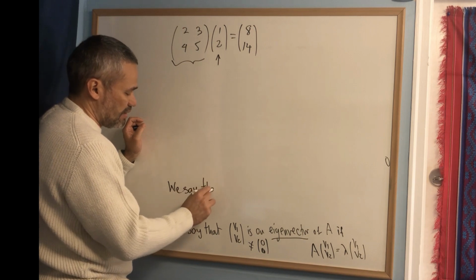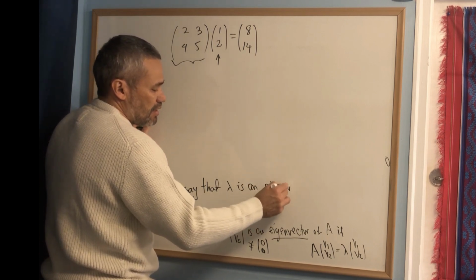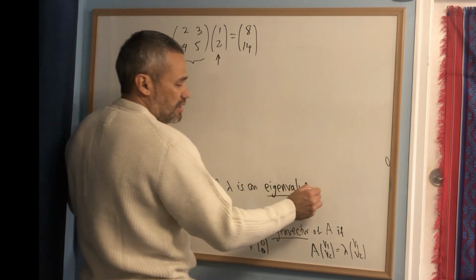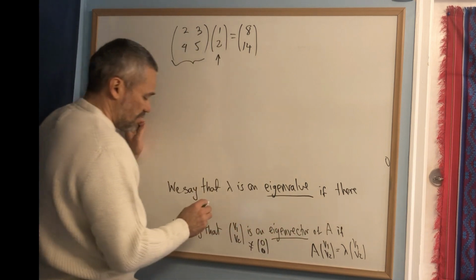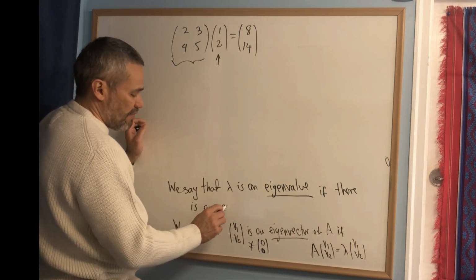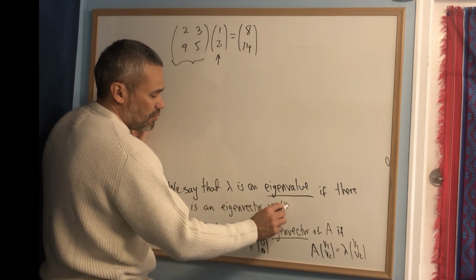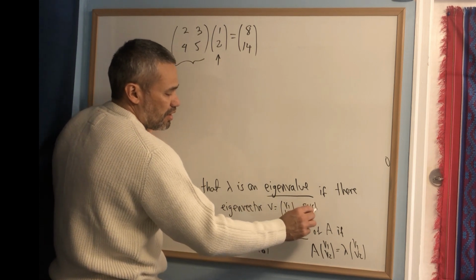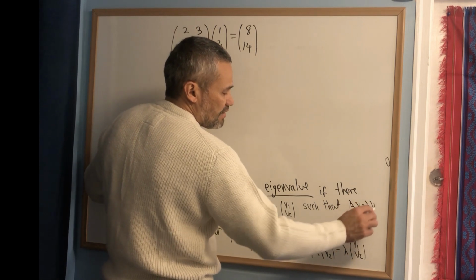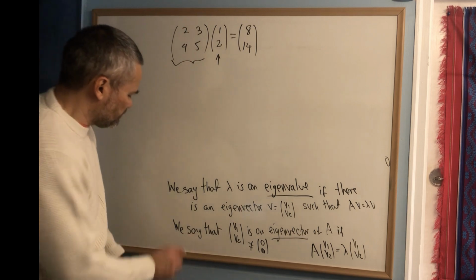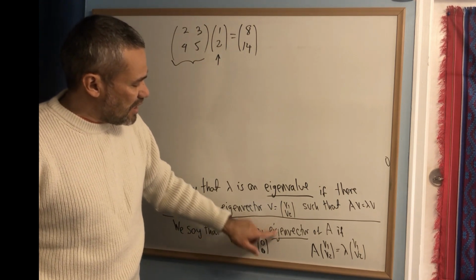We say that lambda is an eigenvalue if there is an eigenvector V equal to V1, V2 such that A times V equals lambda V. Notice that it looks like we first compute the eigenvectors and then the eigenvalues, right?